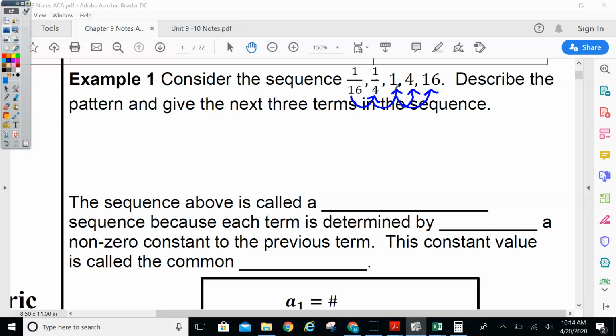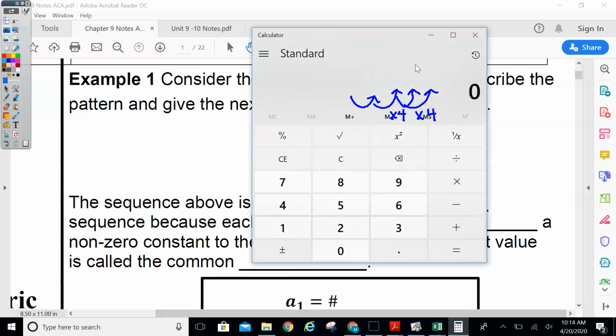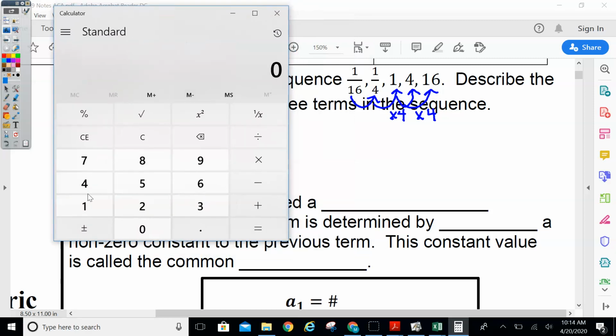So here, 1 times what is 4? Times 4. And then 4 times what is 16? 4 times 4. And that should work for these other ones. So if you get your calculator, if you do 1/4, and then you take that and you multiply it by 4, you see that it's 1, which is the next one.